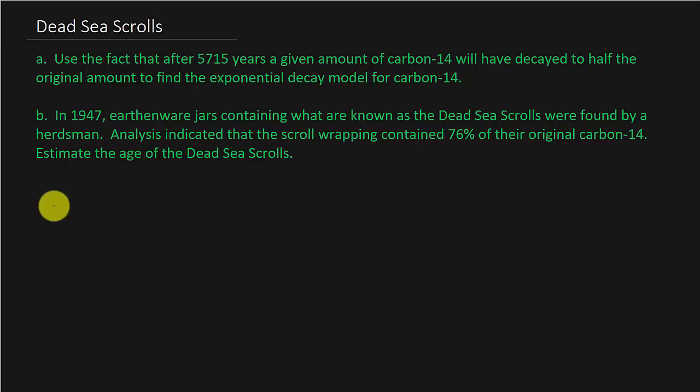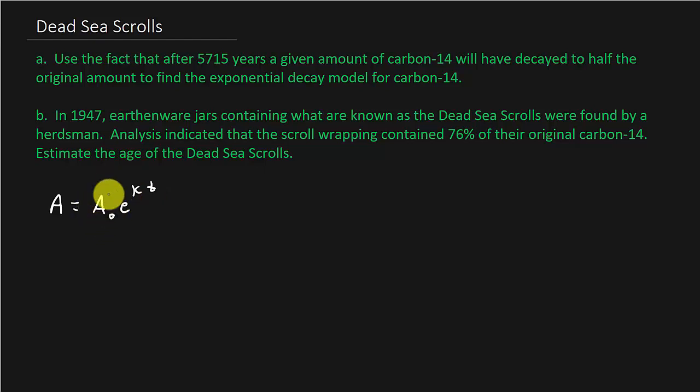We're going to use A equals A naught times e to the kt. Now, if we take the 5,715 and plug it in for t, that means we have half of the original amount. And the original amount is this A naught right here.